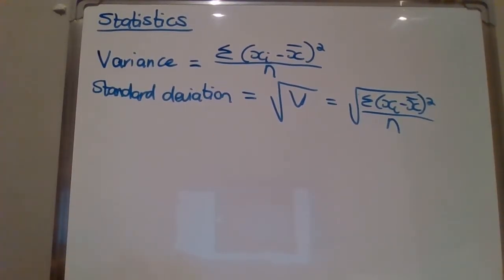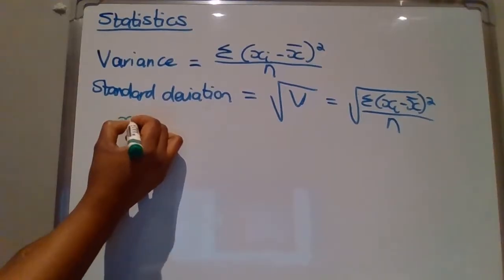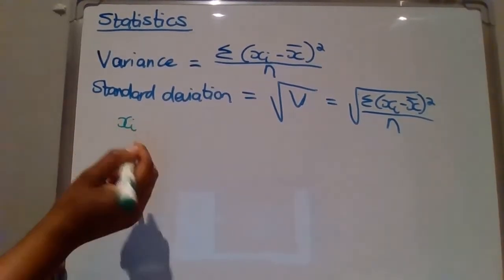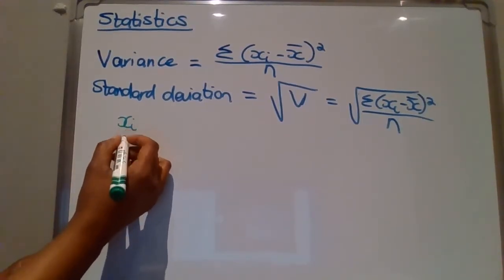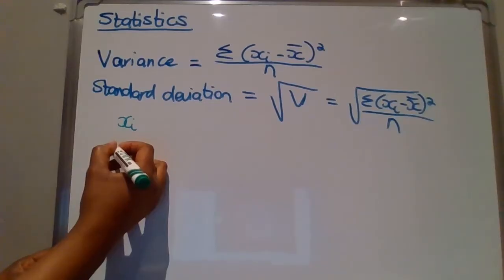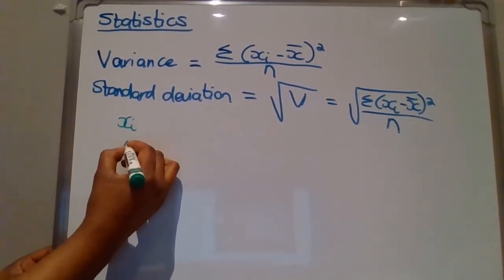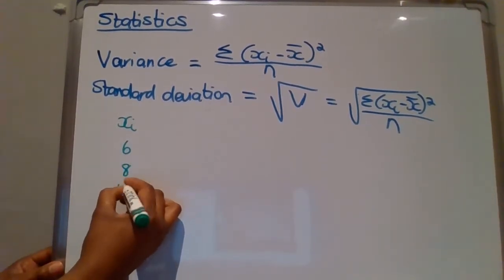So let's say, for example, we made observations, and our observations were as follows. xi stands for our observation. Let's say, for instance, we had observations of 6, 8, and 10.